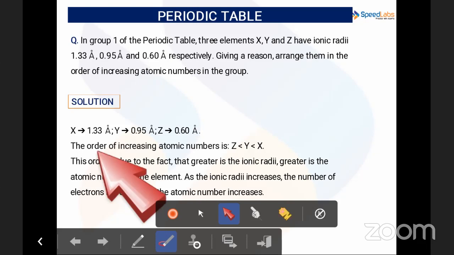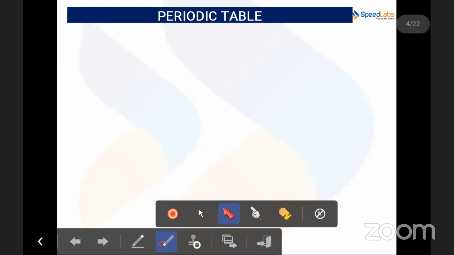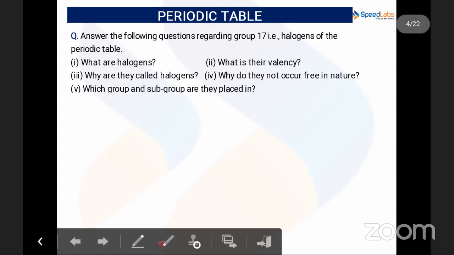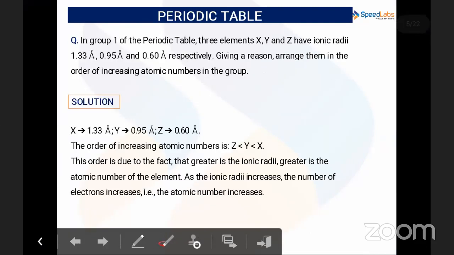But the question asks for increasing atomic numbers. Now we know this order is due to the fact that greater is the ionic radii, greater is the atomic number.